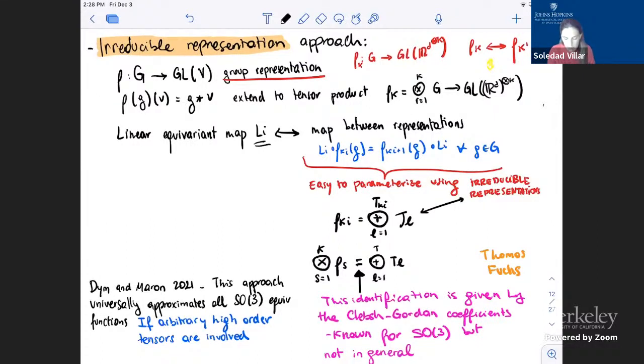This approach is proven to be universal for SO(3) if you can consider arbitrarily high order tensors. If you can consider spherical harmonics of degree k for arbitrary k, then this approach universally approximates all SO(3) equivariant functions. So that's the way they do it.